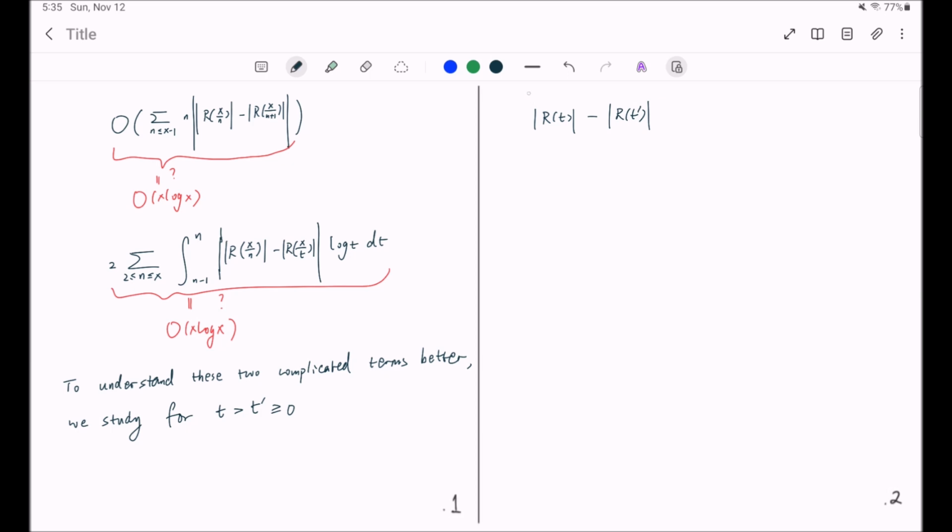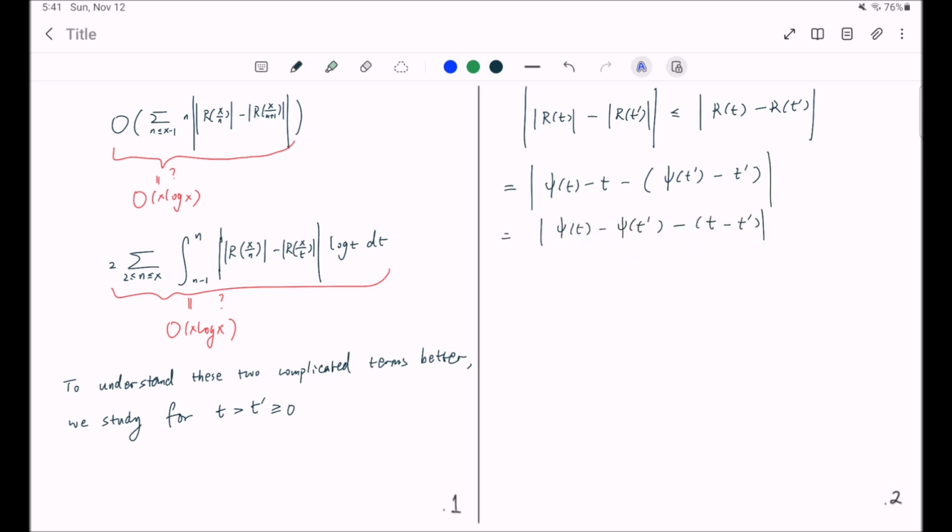By the triangle inequality, we know their difference is bounded by the absolute value of R(t) minus R(t prime). Now we plug the definition for R back in. It is psi of t minus t, and the same for the t prime part.